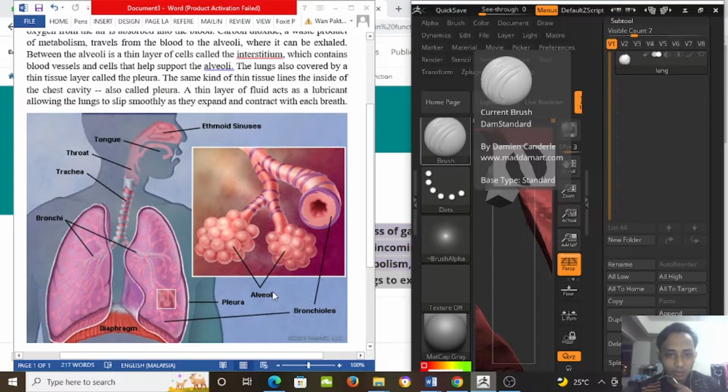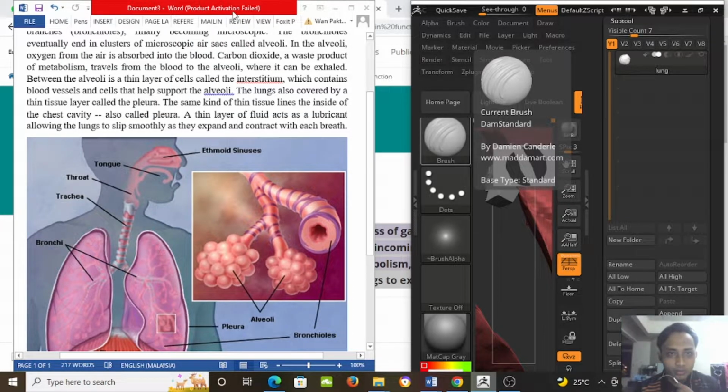In the alveoli, oxygen from the air is absorbed into the blood. Carbon dioxide and waste products of metabolism travel from the blood to the alveoli, where they can be exhaled.